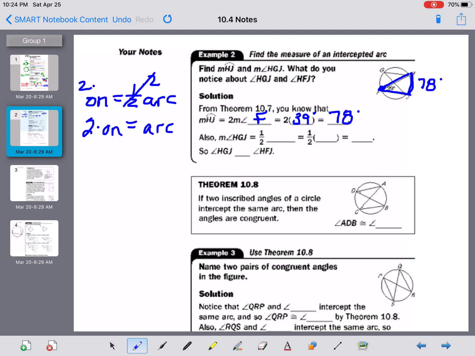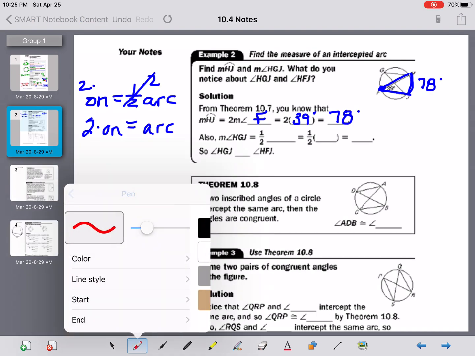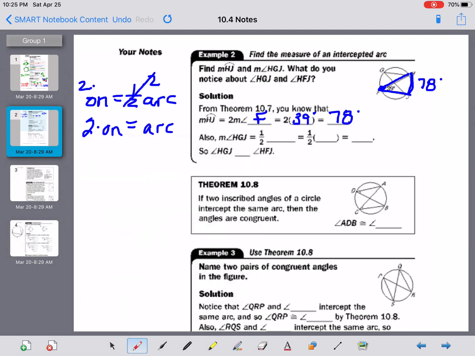All right, now they ask me to find another angle there, the measure of angle HGJ. Changing colors to kind of follow H to G to J. Remember, dot to dot. G has to be my vertex because it's in the middle. I'm trying to find that. Well, that is definitely on the circle. And so if it's on the circle, it's going to be half of the arc.